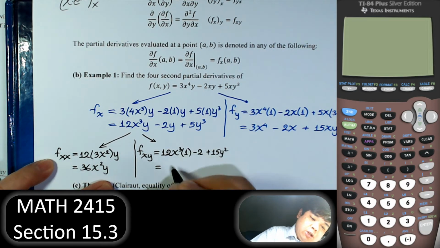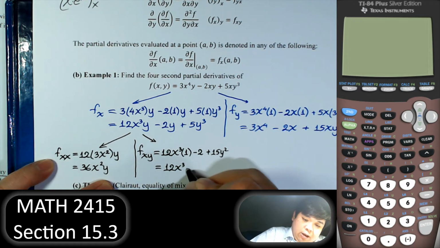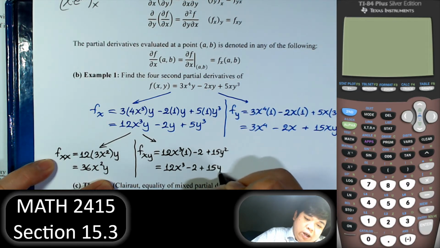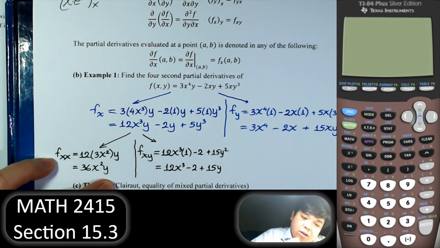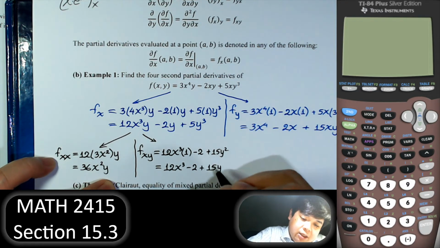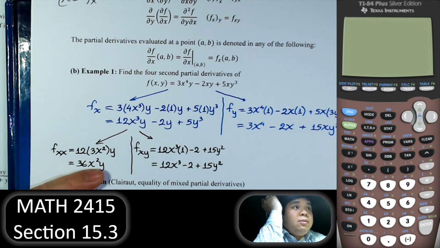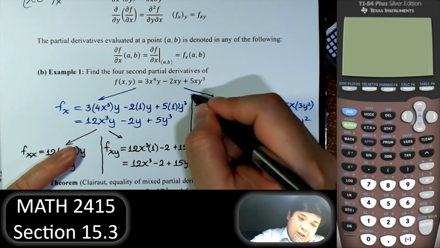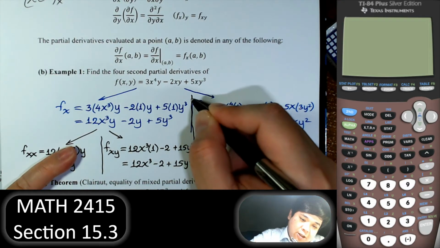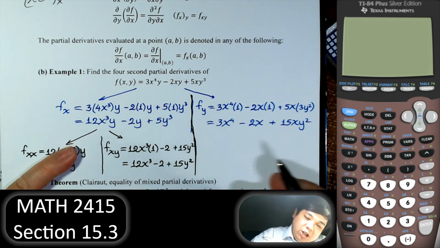So that equals 12x cubed minus 2 plus 15y squared. Right. I try to write a little small.